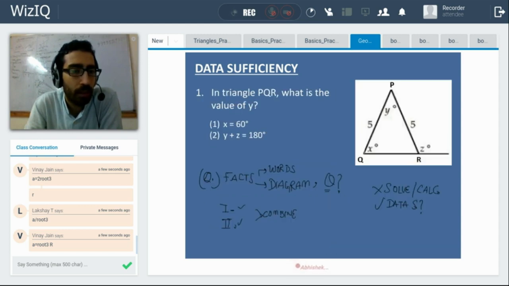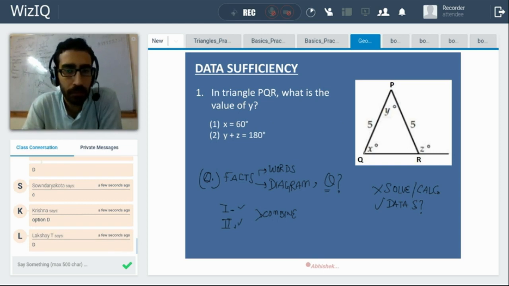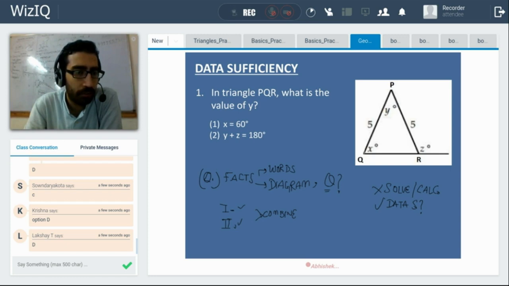Can you solve question 1 now? Okay, different answers. Saundarya, you should check your answer. Krishna, Lakshay, and Vinay have the same answer. Surbi has not yet shared her answer. Saundarya, please check your answer.